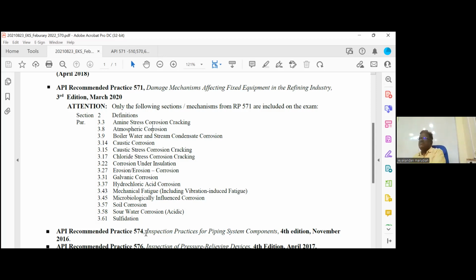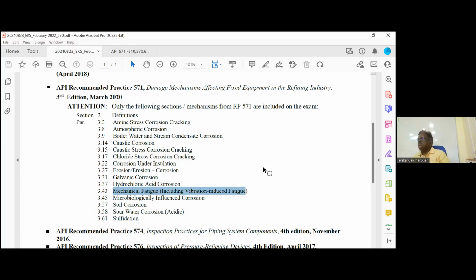If it is fluctuating excessively, then it is called cyclic loading. So all fatigue cracks are surface cracks. What fatigue cracks do we have here? We have mechanical fatigue and vibration induced fatigue. There are two other fatigues which are not part of our exam: thermal fatigue due to temperature fluctuation, and corrosion fatigue. So for us, we have mechanical fatigue.